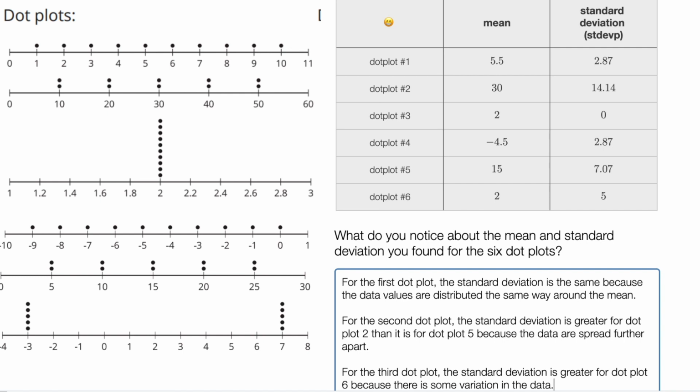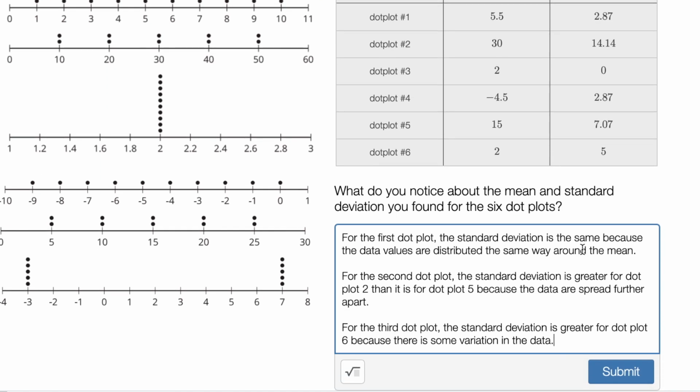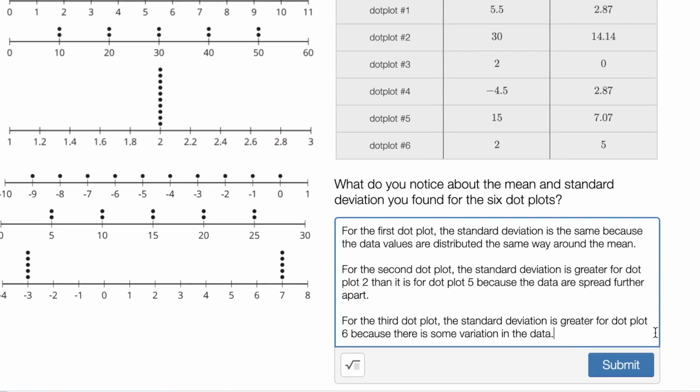Because on dot plot 3, there was no variation. So dot plot 6, there was. So if you're comparing number 3 and number 6, number 6 did have some variation. The standard deviation was greater. Okay, again, you can pause if you're still trying to type, and then push play again when you're ready.